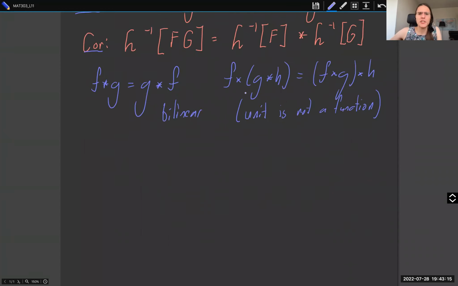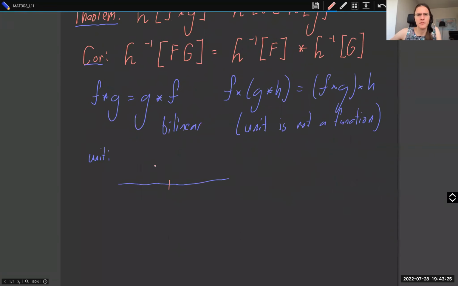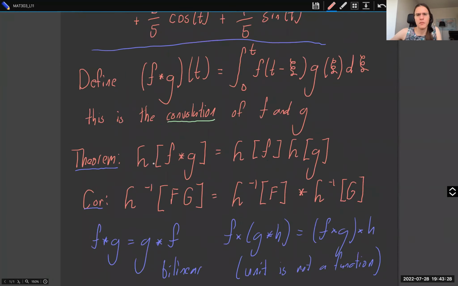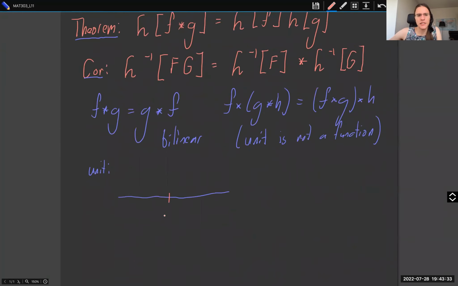Sort of what the unit is, imagine you take a function and then you take a point. So this is 0. And then you take something that's basically 0 everywhere, and then this goes up, so that the total area under the curve is 1.